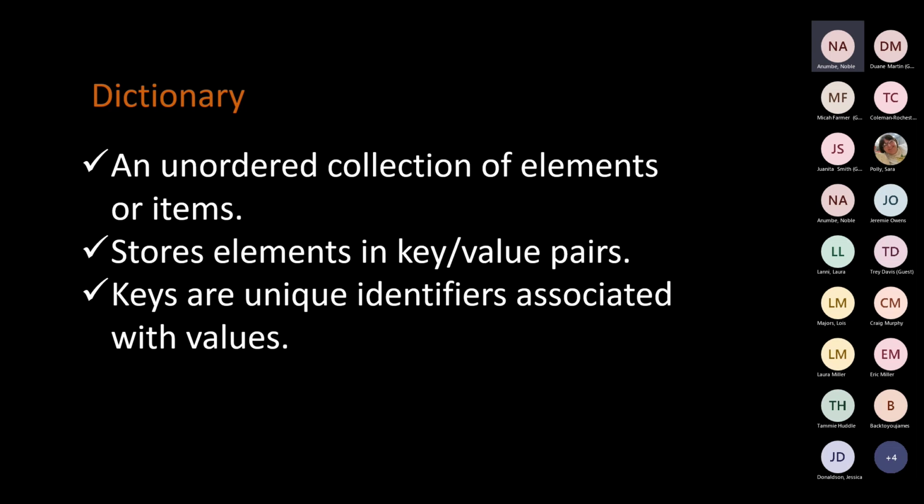They give you this form, it gives you a bunch of things, and then you provide responses. That's literally what dictionaries are. So it's an unordered collection of elements or items. In the case of dictionaries, they're also unordered. They store elements in key-value pairs, and keys are unique identifiers associated with the value. So there's a connection between the key and the value.